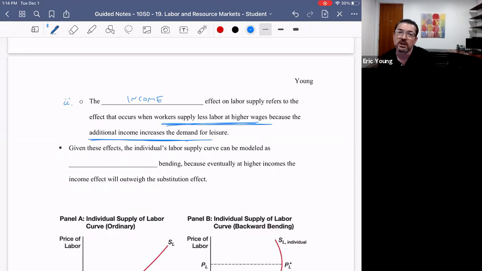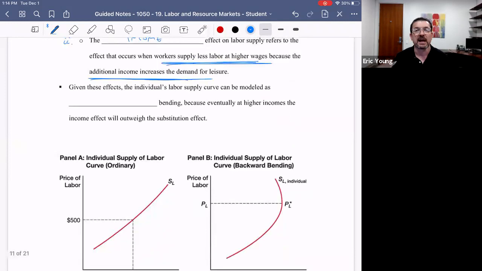You're going to demand more leisure, work less hours. Okay? How do we reconcile these two things? Well, basically, we believe in labor market economics that given these two contradictory effects, the substitution effect and the income effect, an individual's labor supply curve will be modeled as backward bending.